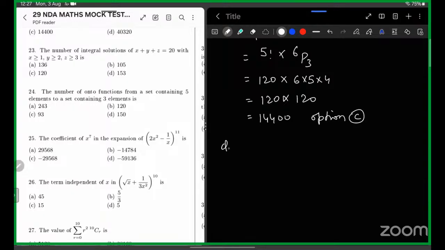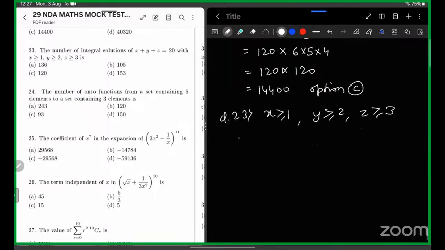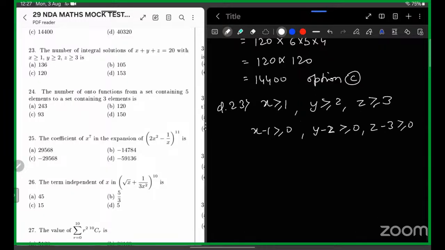They have given, question number 23, x must be greater than or equal to 1, y must be greater than or equal to 2, z must be greater than or equal to 3. Means x minus 1 must be greater than or equal to 0, y minus 2 must be greater than or equal to 0, and z minus 3 must also be greater than or equal to 0.